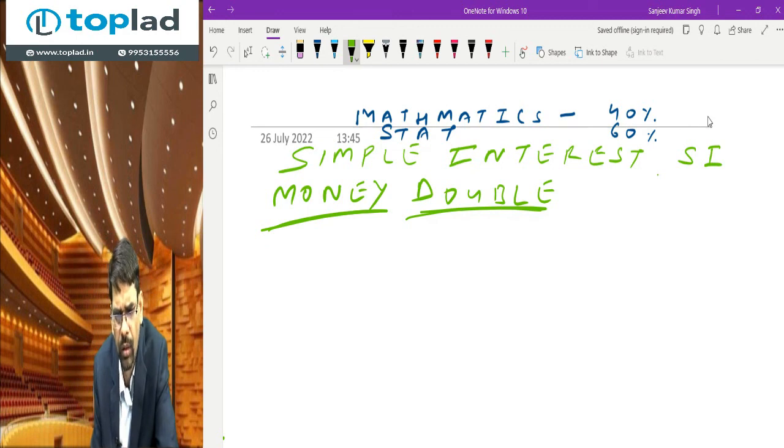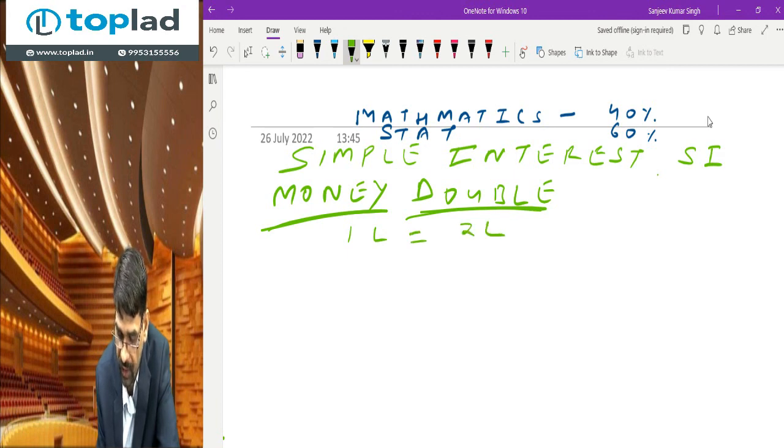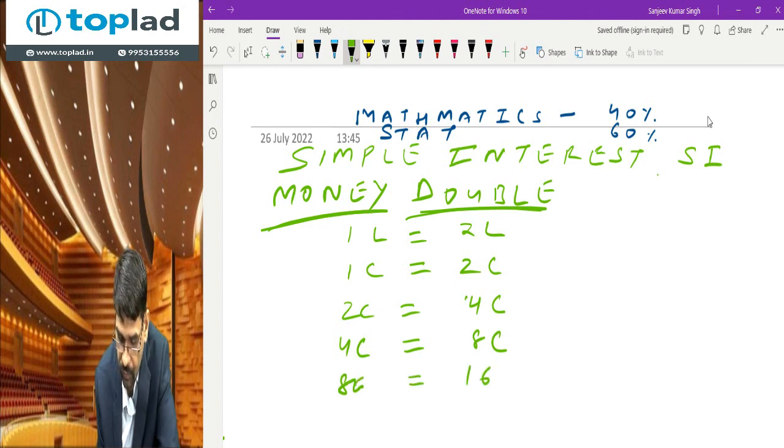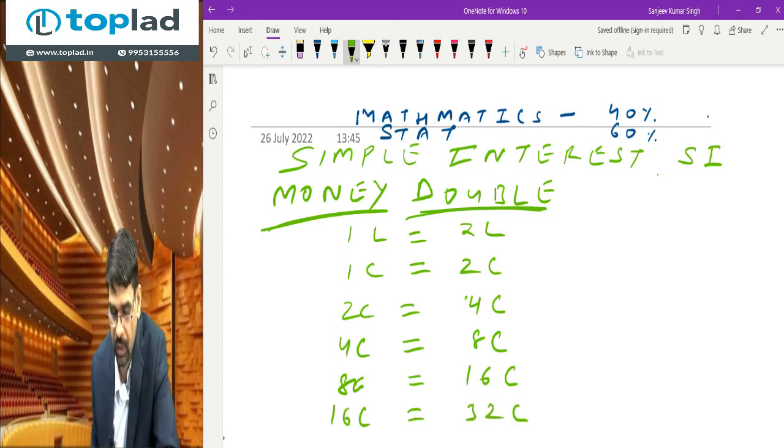What is the formula for money doubling? Money doubling means 1 lakh, 2 lakh; 1 crore, 2 crore; 2 crore, doubling 4 crore; 4 crore, 8 crore; 8 crore, doubling 16 crore; 16 crore, 32 crore, like this.